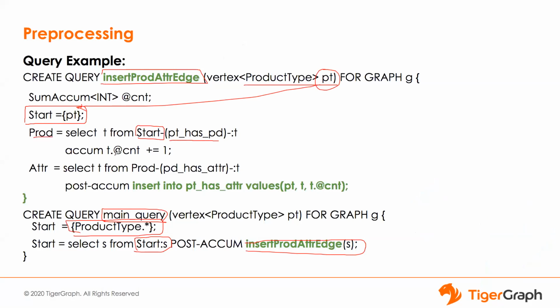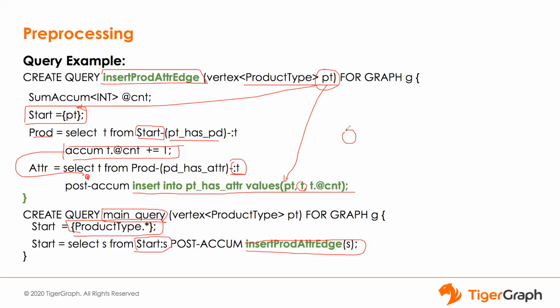And along the way, I will, oh, actually this logic should be here, my bad. Okay, so let's assume we have moved it here, okay? And then starting from the product, we want to traverse to attribute, right? And then on each attribute, we insert an edge between the input product type and the attribute on the target, right?